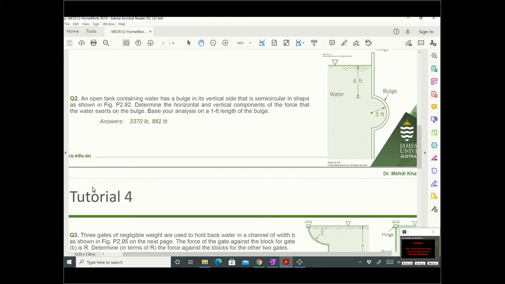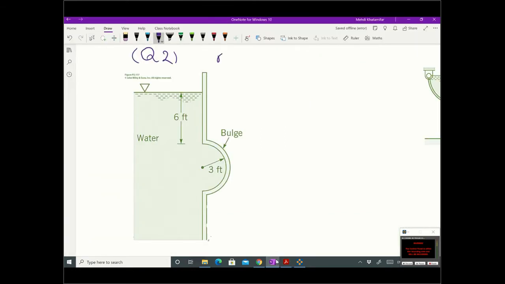So 62.4 pound per feet cube. Yes, that's what you want for gravity. So gamma for water is 62.4 pound per feet cube.